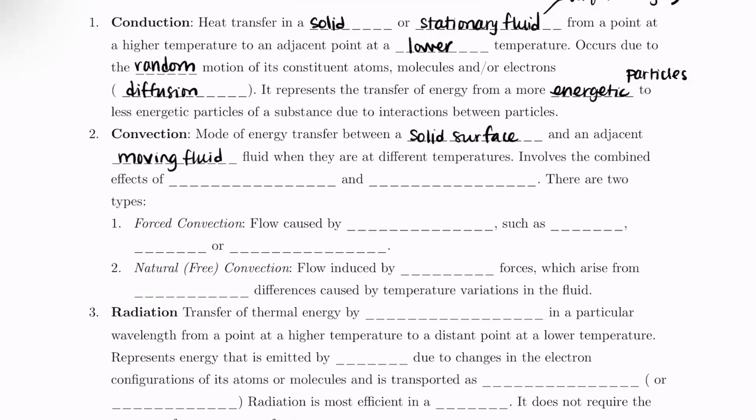So convection actually involves the combined effects of both conduction, or diffusion, and advection. So advection is essentially temperature or heat being carried because of the nature of the fluid moving. So this is due to motion.